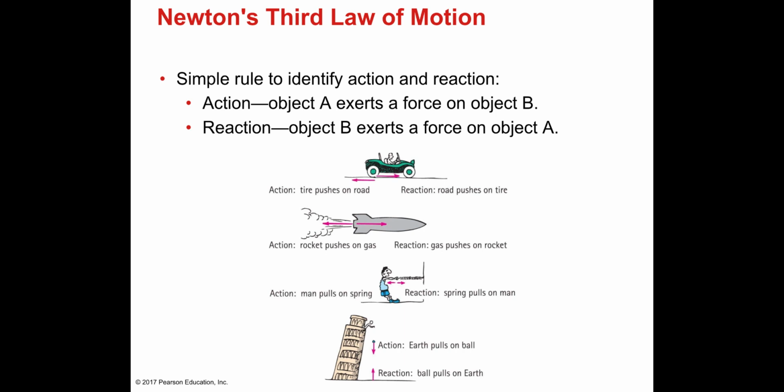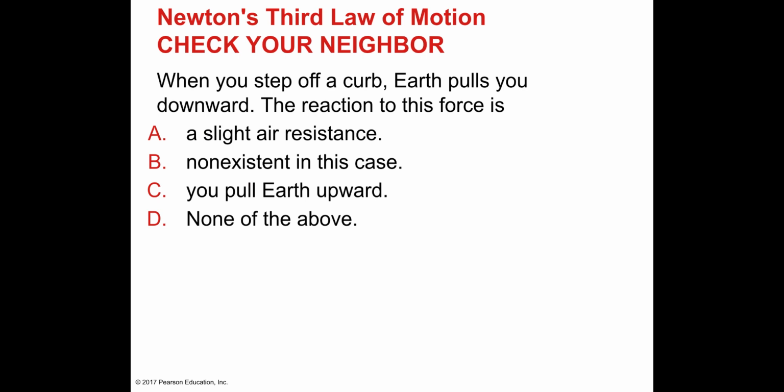No force exists without the other, but they act in opposite directions always. When you step off a curb, the earth pulls you down. The reaction to this force is, again, if the earth pulls you down, then there must be a reaction that pulls you upward. You pull the earth upward.